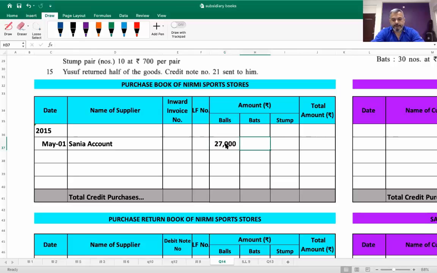Bats 100 into 800, so 80,000 minus 10%, 72,000. And stumps 50 into 300, 15,000 minus 10%, so 13,500.